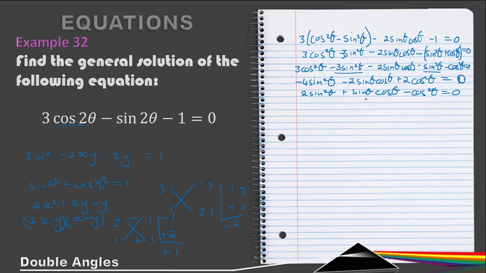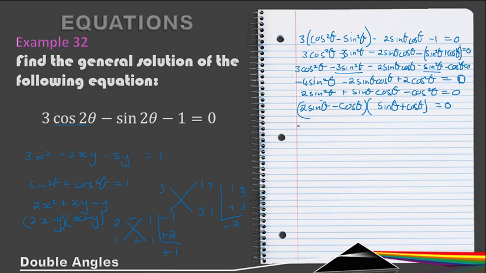So in terms of sine theta and cos theta, we will have 2 sine theta minus cos theta, and for this side, sine theta plus cos theta equal to 0. Alright, now we are finally at the stage where we can go ahead and solve for this.